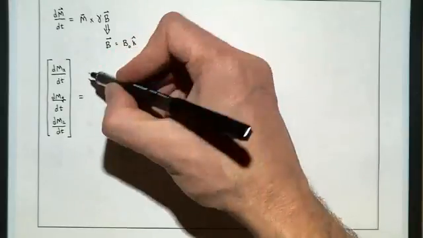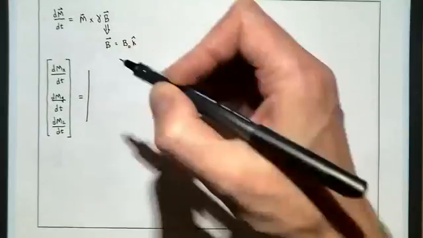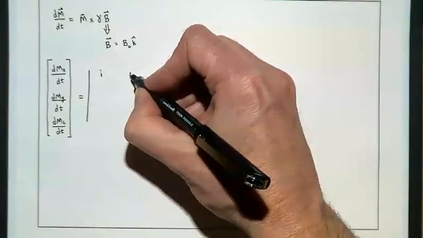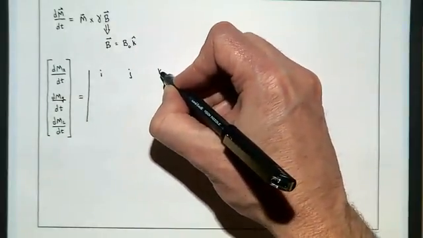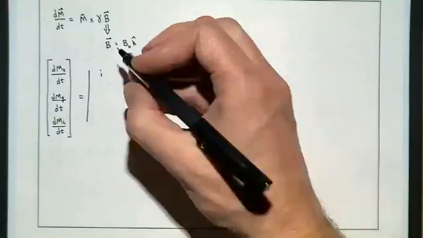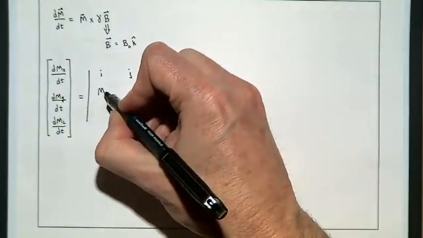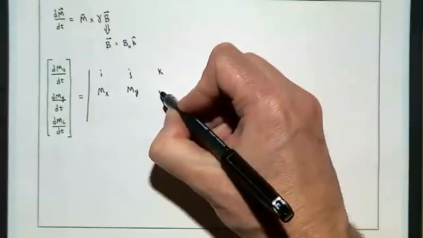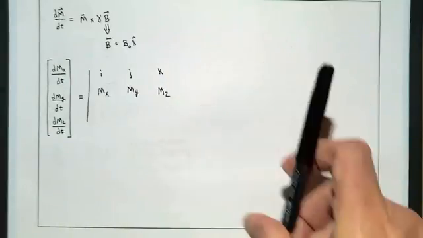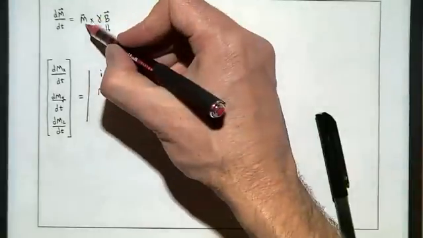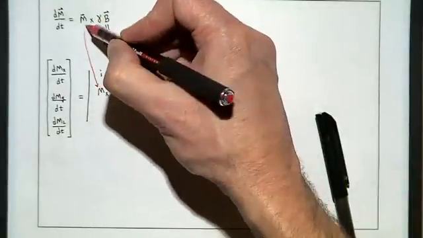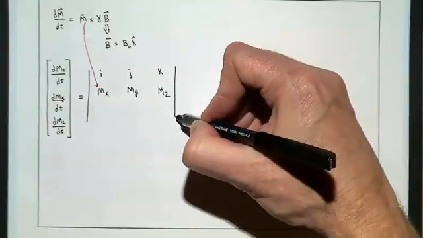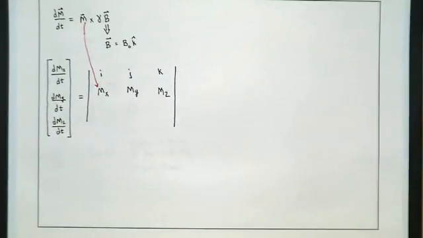You may or may not have seen this before, but the cross product itself can be written as a determinant matrix. And we just have to have the first vector components, which is the Mx component, the My component, and the Mz component. So that's just this vector plugged in here.